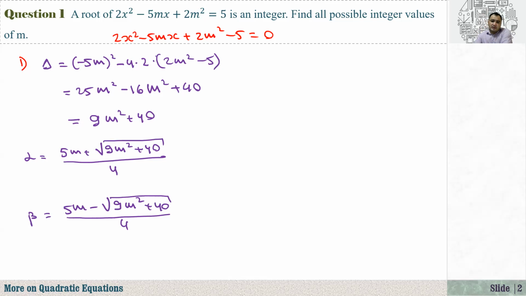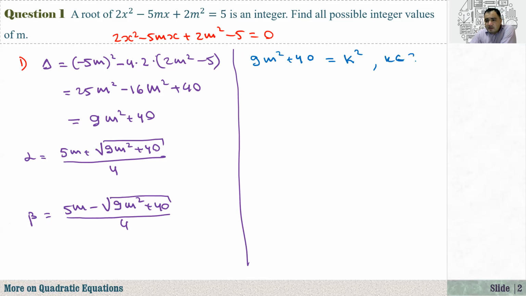So for an integer square root, that means 9m squared plus 40 should be equal to some number squared, right? Because to take this out of the square root, 9m squared plus 40 must be equal to a perfect square.